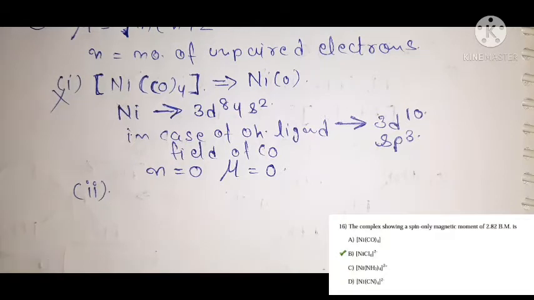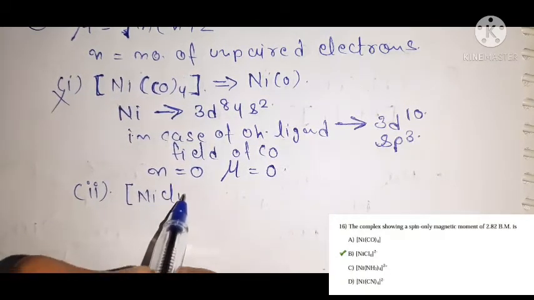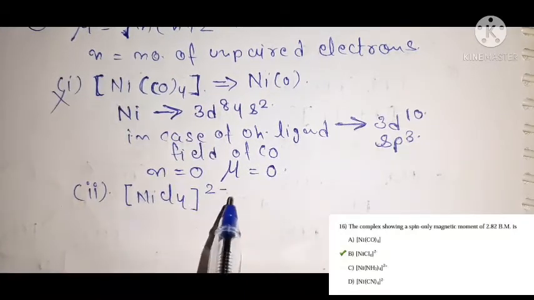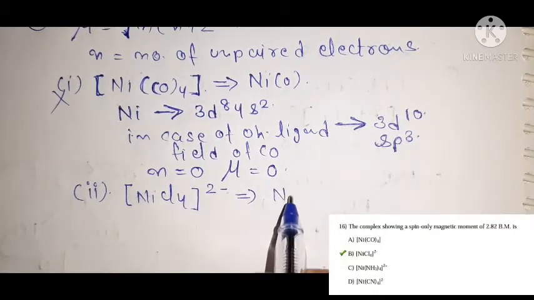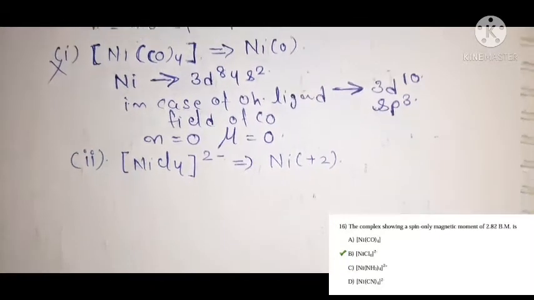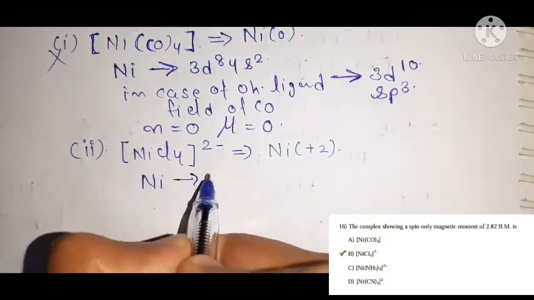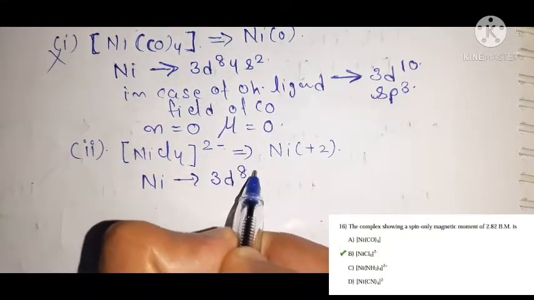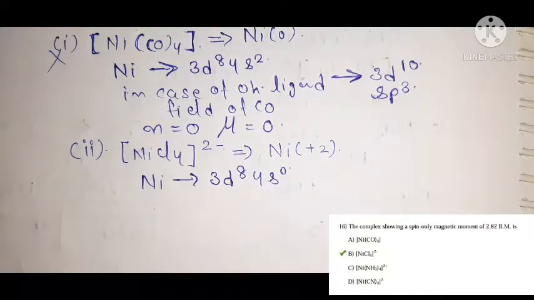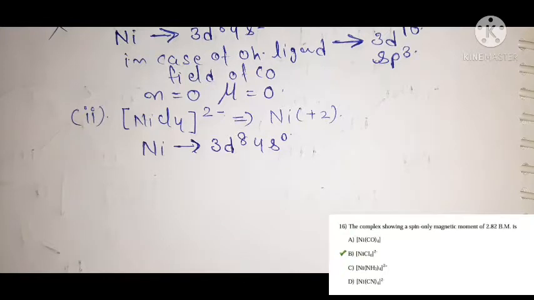Now we talk about option B, that is [NiCl4]2-. Now in this condition, nickel is present in the +2 oxidation state. For nickel +2, its electronic configuration is 3d8 4s0 4p0. Chlorine is a weak field ligand, so that means no pairing occurs for d electrons.